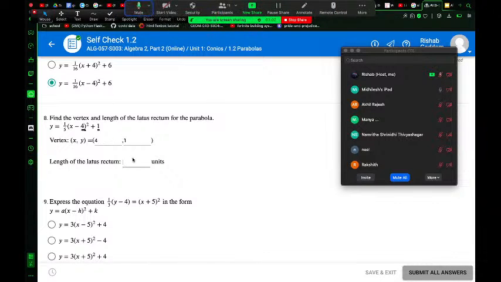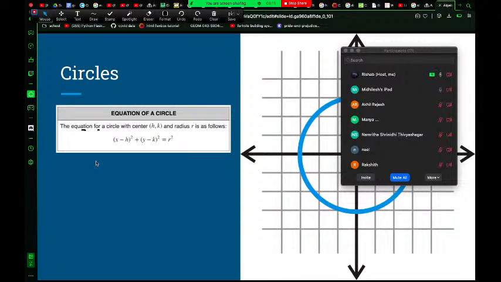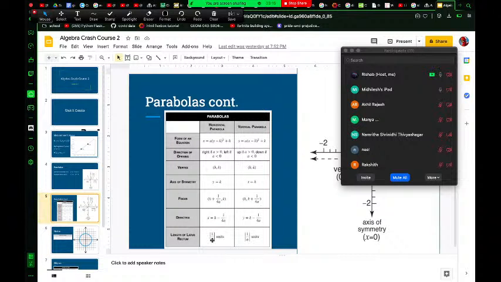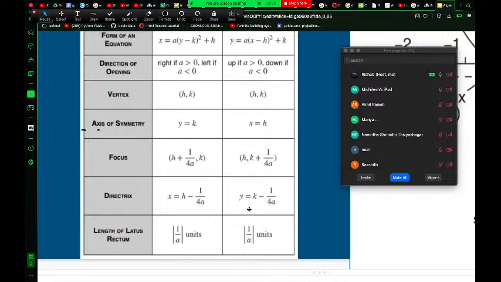Okay, it's actually 5, because if you remember, the slides said that the length of the latus rectum is 1 over a. As you can see here, it says 1 over a.